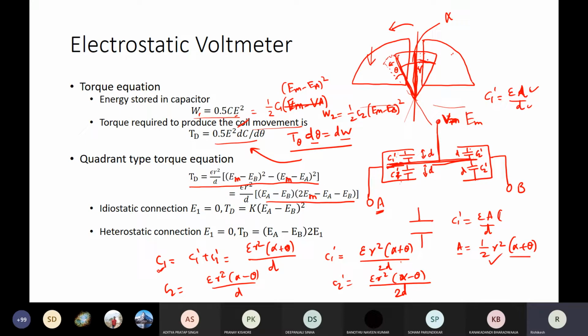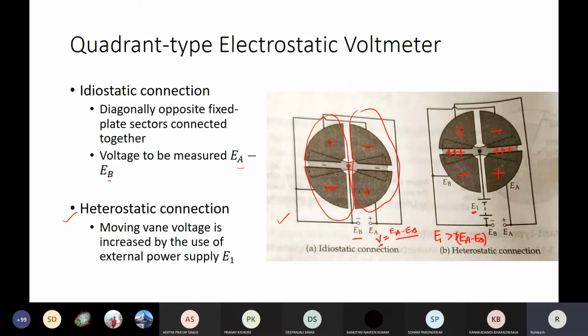Along with these two, there are other two sectors, and due to symmetry the total torque will be double this. So the 2 in the denominator and numerator will get cancelled and you get this expression. The point of understanding you need to have is only this part, that torque is now a function of the potential of the moving plane and the potential of the supplied voltage terminals, these two.